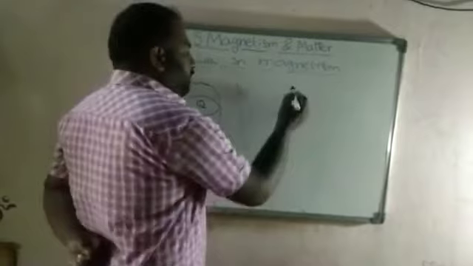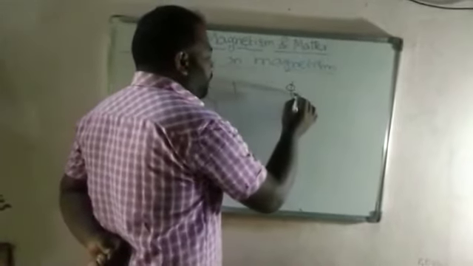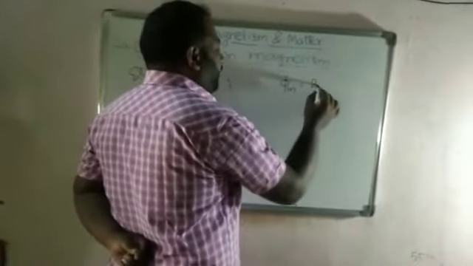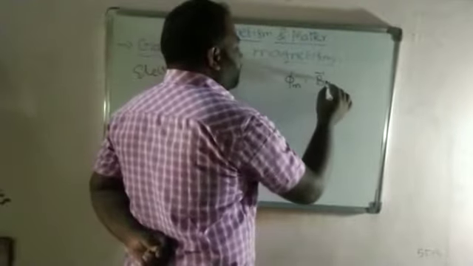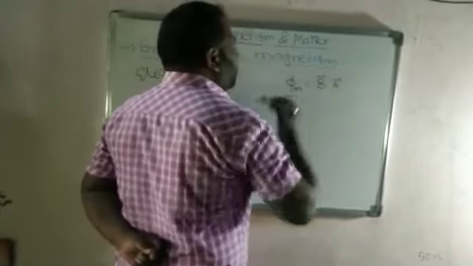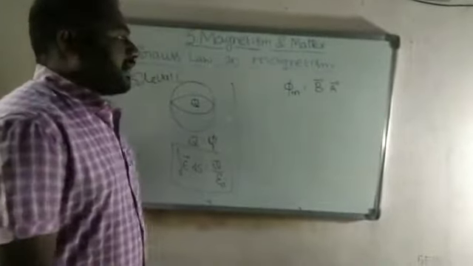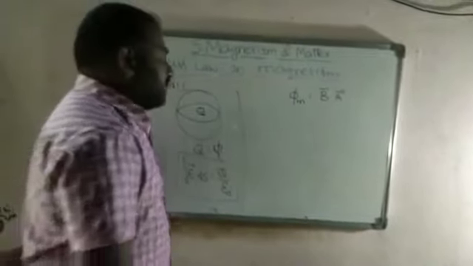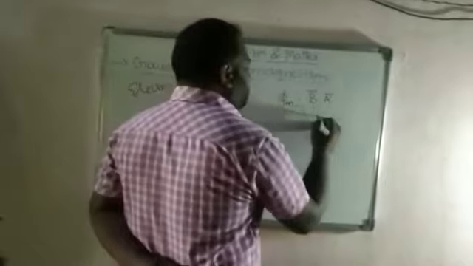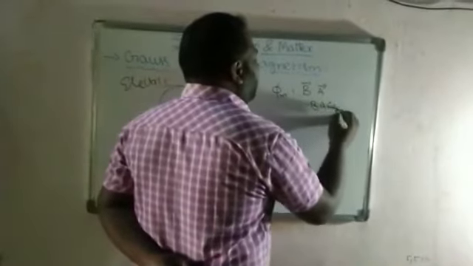Here we know that magnetic flux is equal to magnetic field dot area. Phi is equal to B bar dot A bar, that is the magnetic flux. And we write it as B A cos theta.